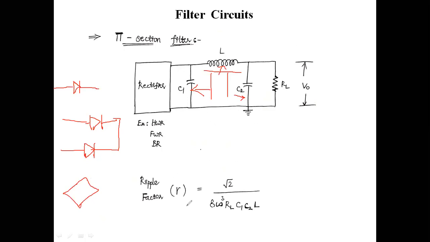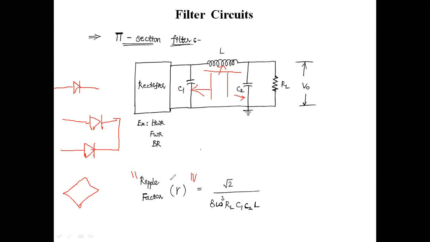The ripple factor is calculated using this formula: gamma is equal to root 2 by 8 omega square RL C1 C2 L. Here omega is the natural frequency, RL is the load resistance, C1 is this capacitor, C2 is this one, and L is the inductance. By placing all these values, I can obtain the ripple factor of the pi section filter.